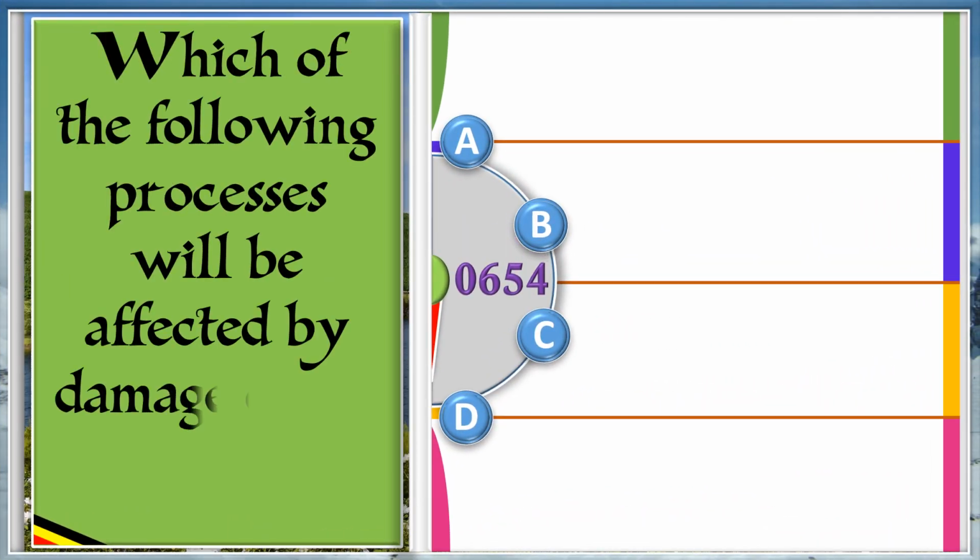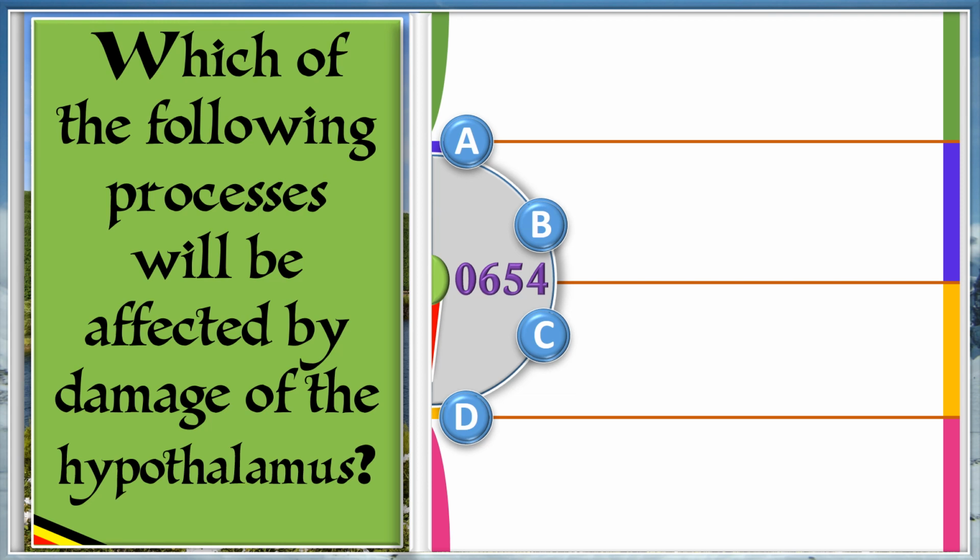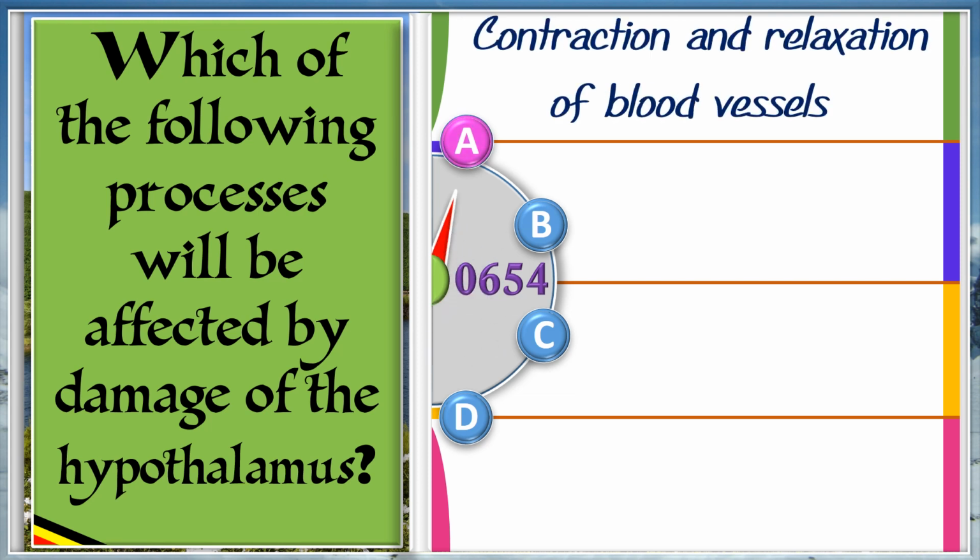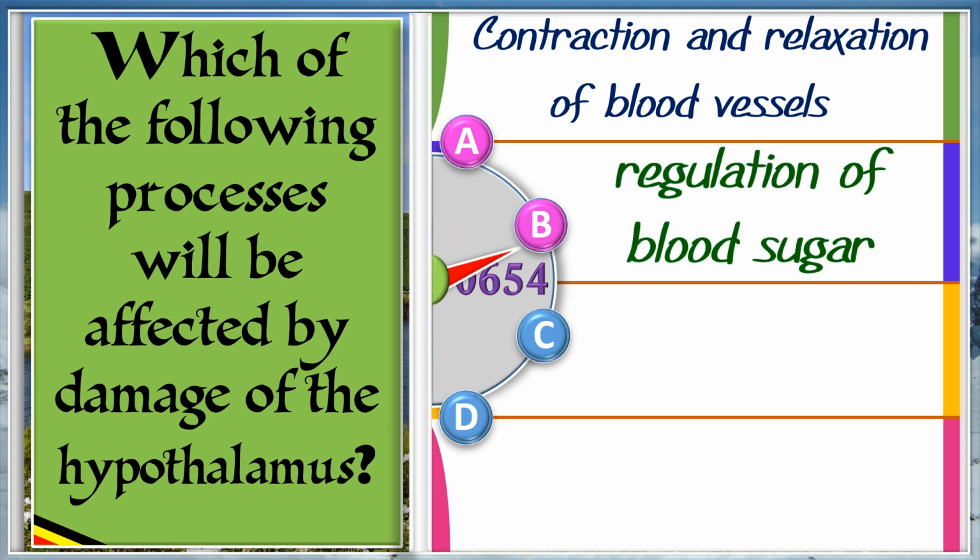Which of the following processes will be affected by damage of the hypothalamus? A, contraction and relaxation of blood vessels. B, regulation of blood sugar.